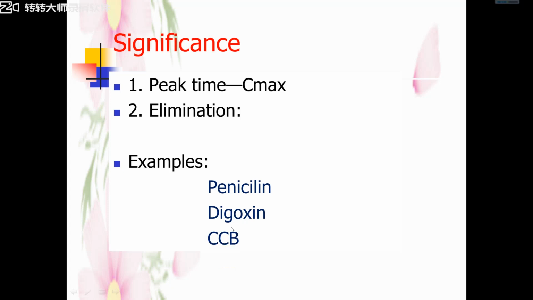Another example, we have studied CCB, calcium channel blockers, and we divide them into 3 generations. The first generation, the prototypical agent is nifedipine, and we know nifedipine is a short-acting CCB. Patients should use nifedipine to treat hypertension or other disease 3 times a day, TID oral administration.